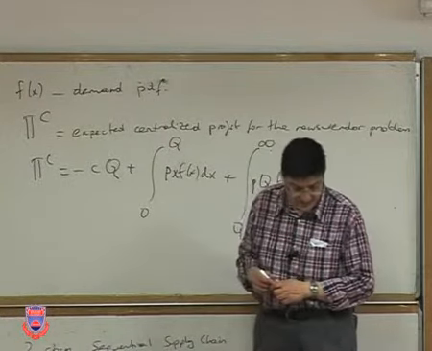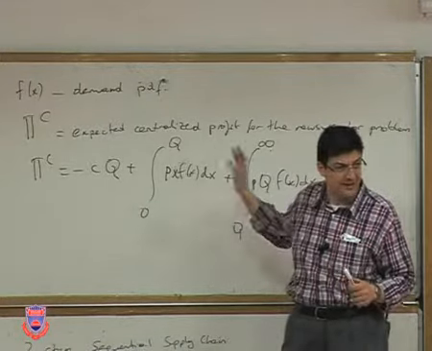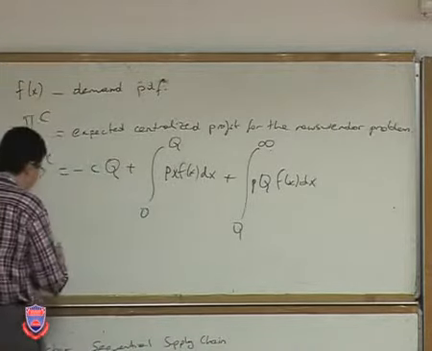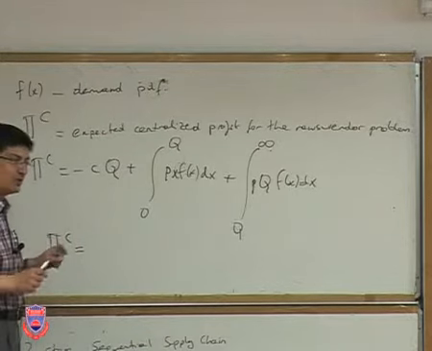Now, what is the optimality condition? Well, we know that it's the fractile, and so I'm not going to write it out. But what I can do is rearrange this term and write it in a more structured way.